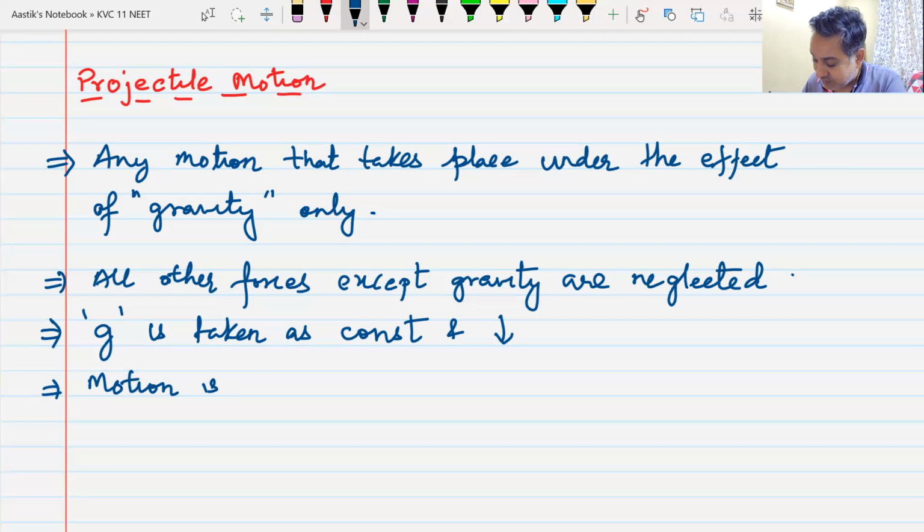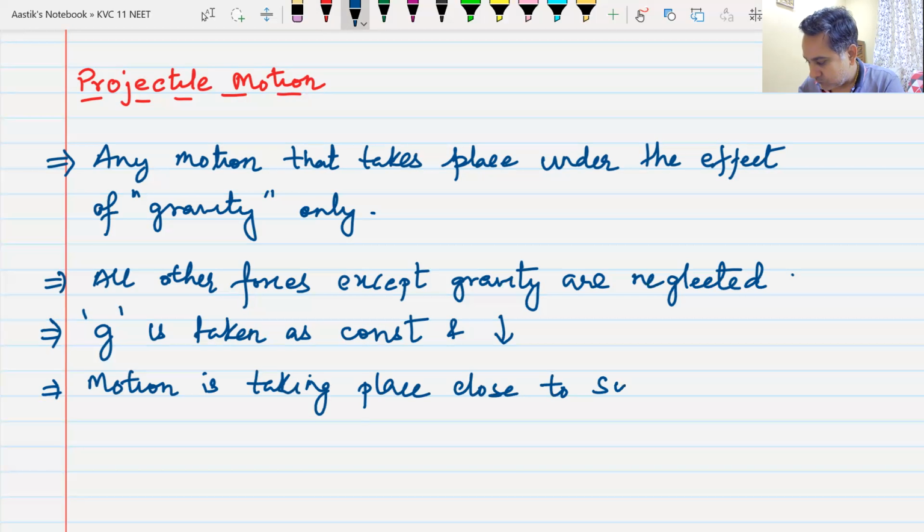This motion is taking place very close to the surface of Earth. It should not be very high. And that is it.